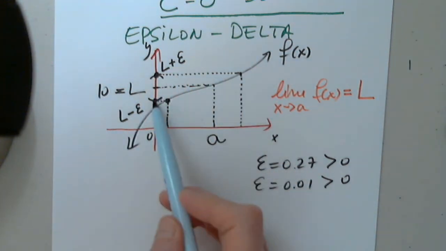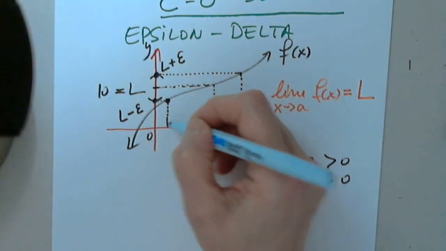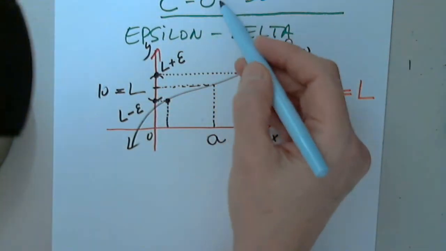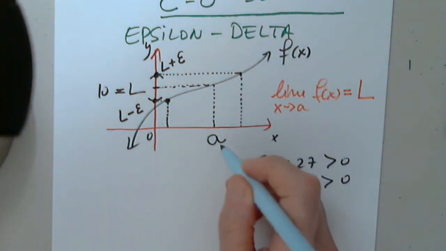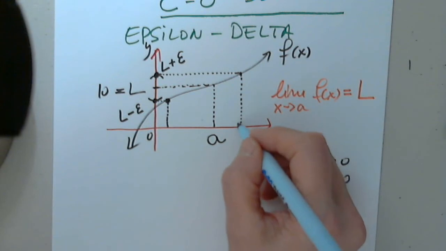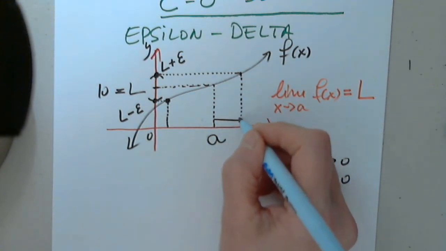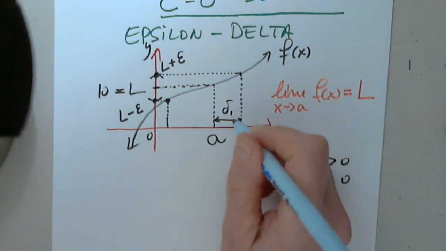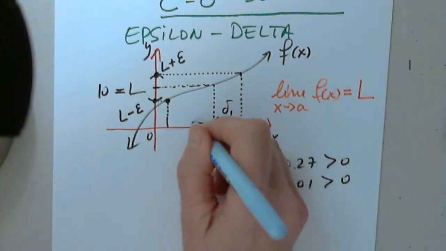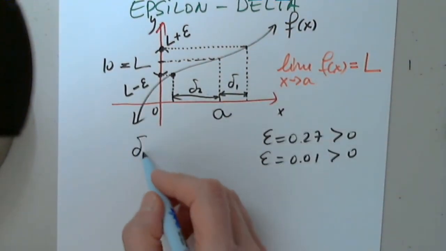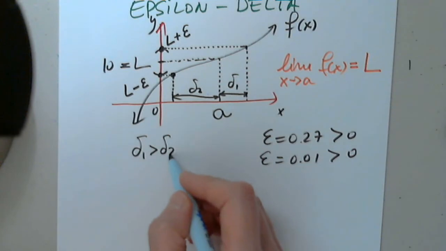I can always draw these and determine a corresponding delta near A. So delta could be, see, this is a bigger delta. I'm going to call it delta 1, a smaller delta, I'm going to call this one delta 2. From my graph, obviously delta 1 is greater than delta 2.